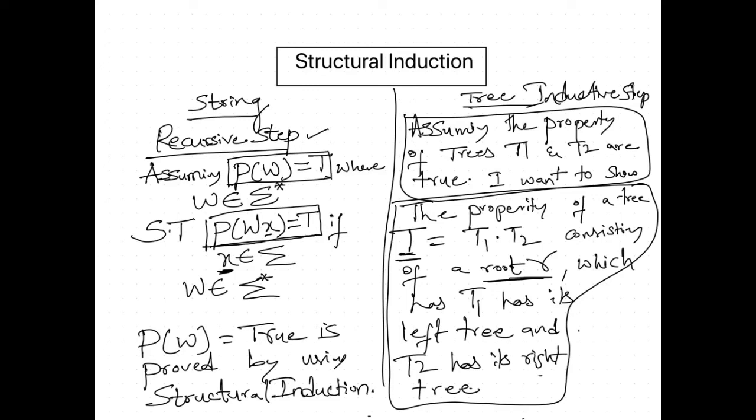So if I verify this recursive step, it means the result for the recursively defined tree structure has been proved by using structural induction. So this is a detailed explanation of structural induction in the case of strings and trees, which are recursively defined structures. Thank you.